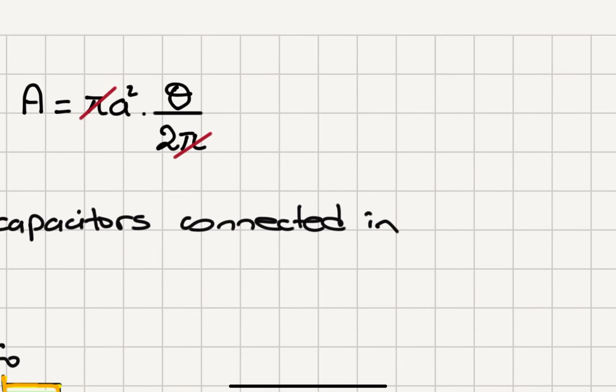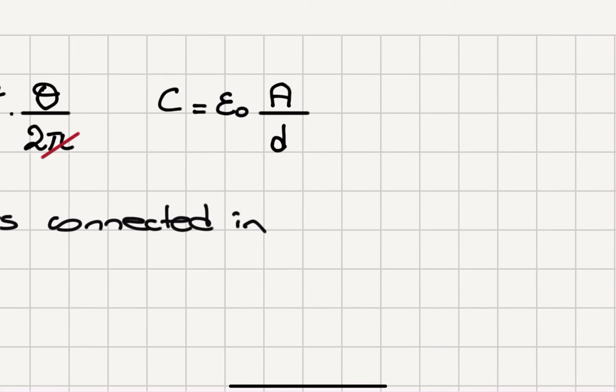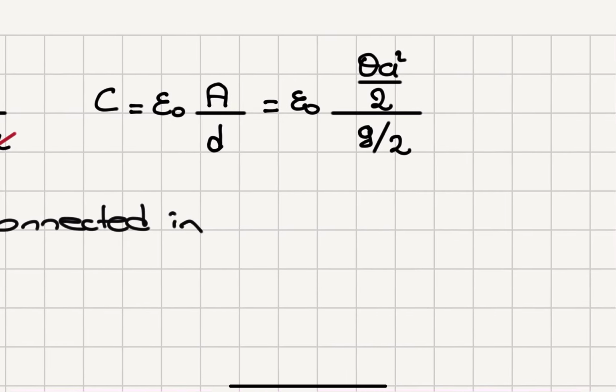The capacitance C is, because it's filled with air, epsilon 0, permittivity of free space, multiplied by the overlap area A divided by the distance between the two successive plates. So it is epsilon 0 multiplied by the overlap area, that is theta a squared over 2, divided by the distance between the plates, which is G over 2, between the two oppositely charged plates.